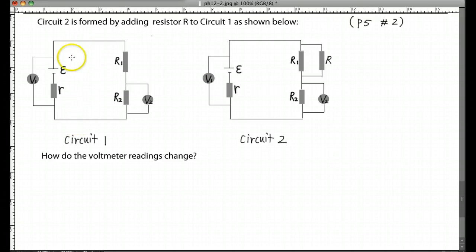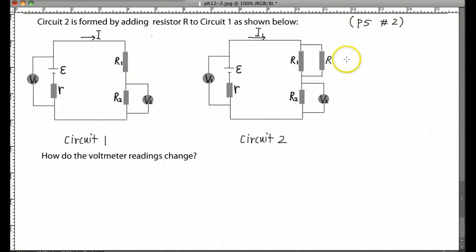If we have a current, let's call it I, and then we have a current on circuit 2, we call it I1, and see how it changes. Okay, first of all, look at this. If you add the R2 here, and group them together because they're in parallel, the equivalent resistance is going to be smaller than the original R1, right?